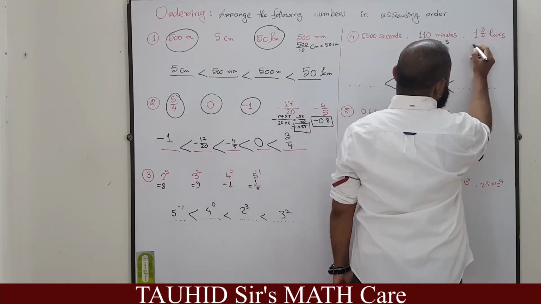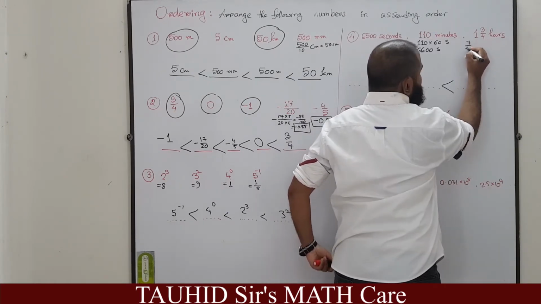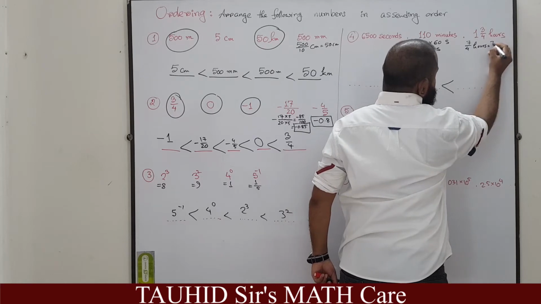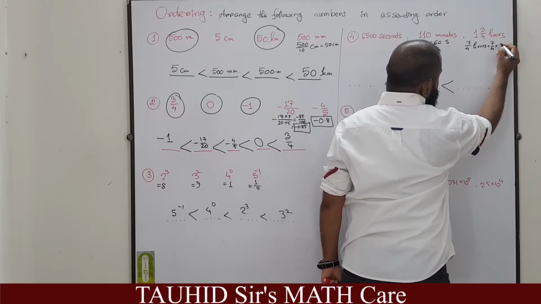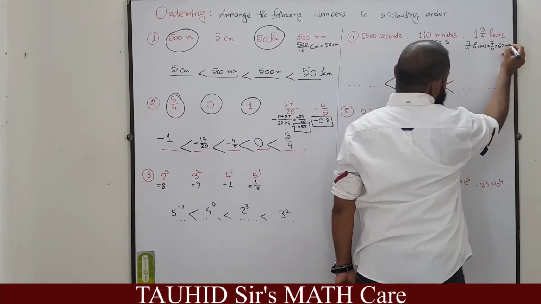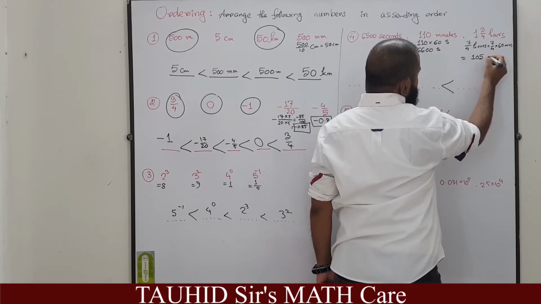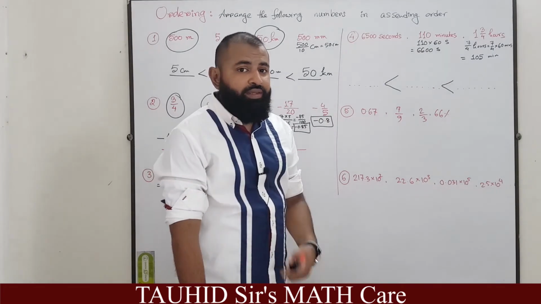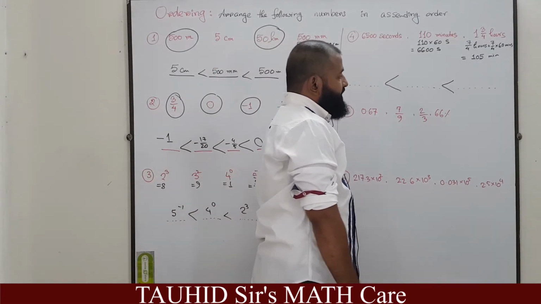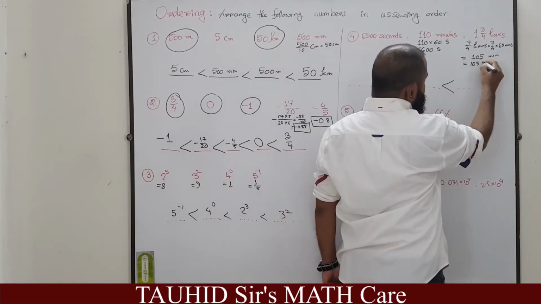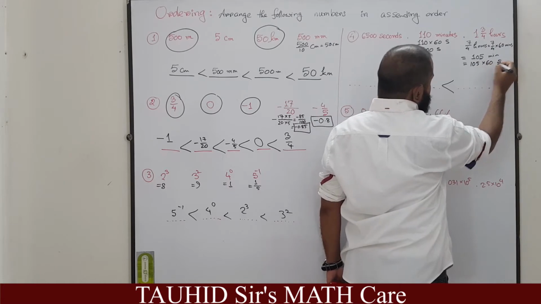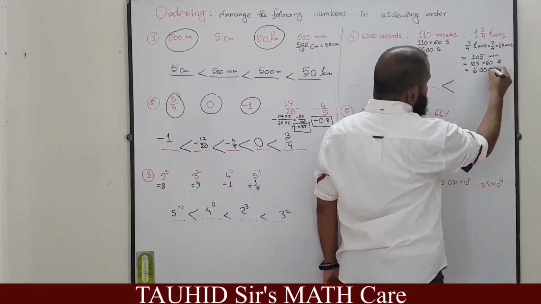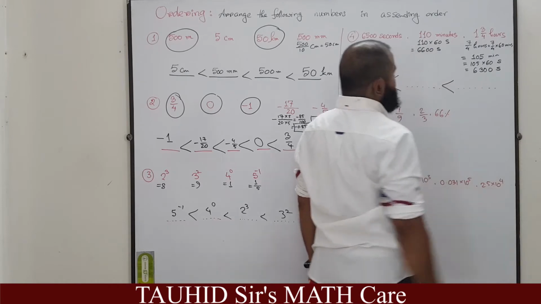1 whole 3 by 4 hours means 7 by 4 hours. That means 7 by 4 multiplied by 60 minutes, that means 105 minutes. And if we multiply 105 by 60, we get 6300 seconds.